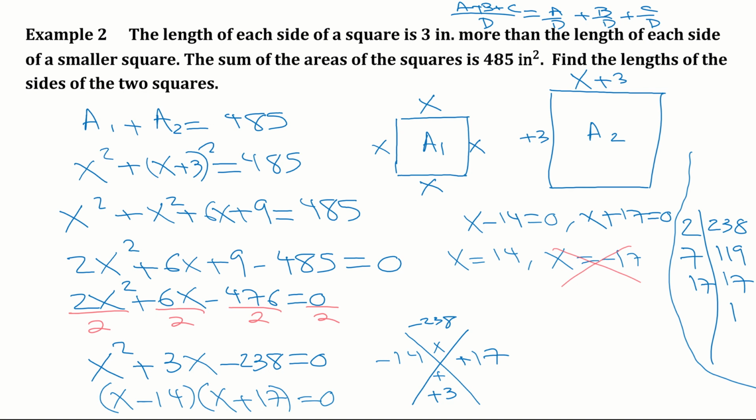So the length of each side of the smaller square is how much? 14 inches. And for the larger square, we're going to have 14 plus 3 or 17 inches, just like that. All right, so if you haven't handled this completely on your own yet, make sure you take the time to do that before you proceed.